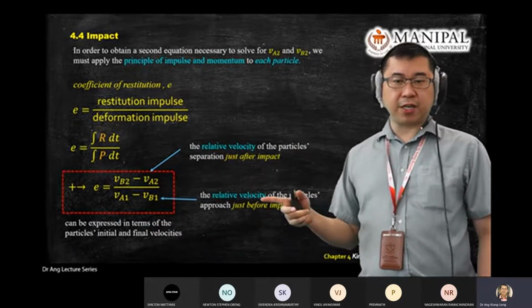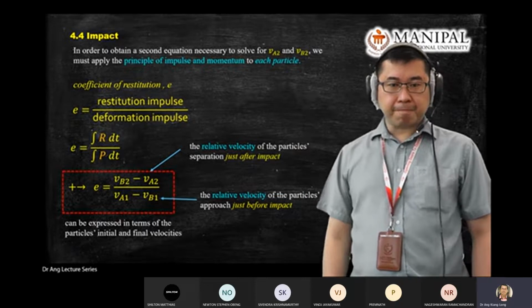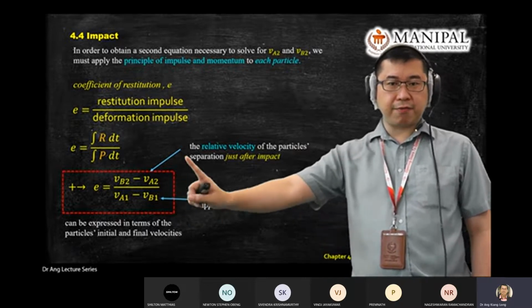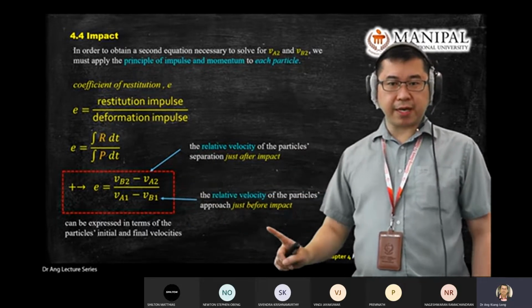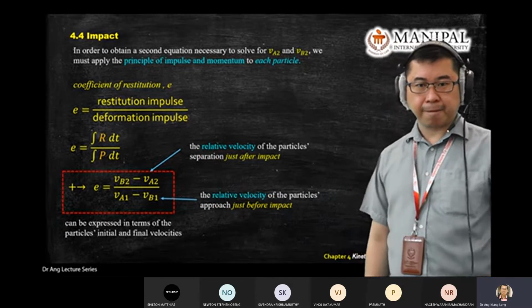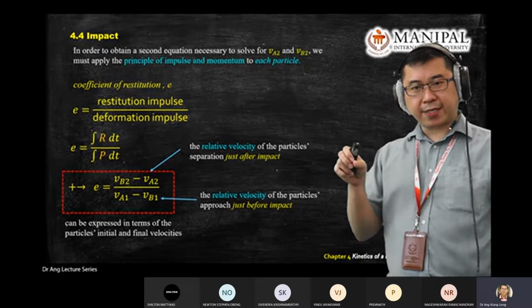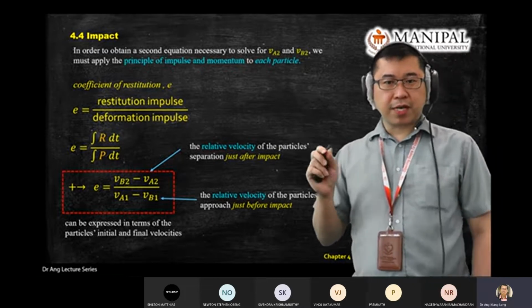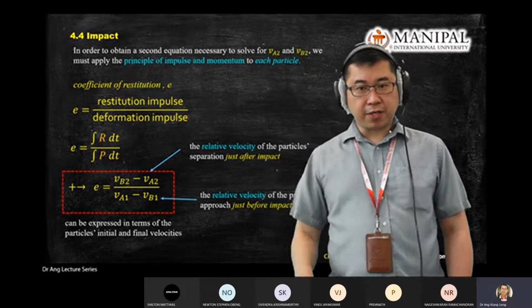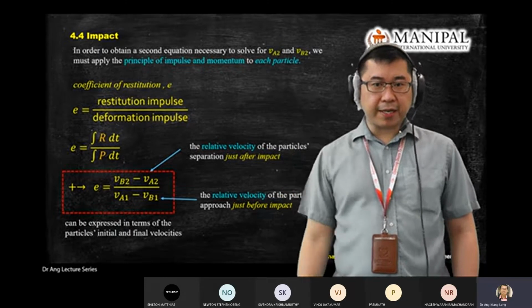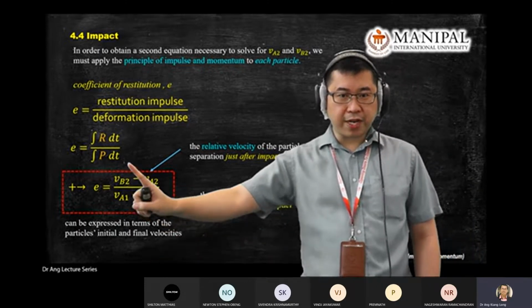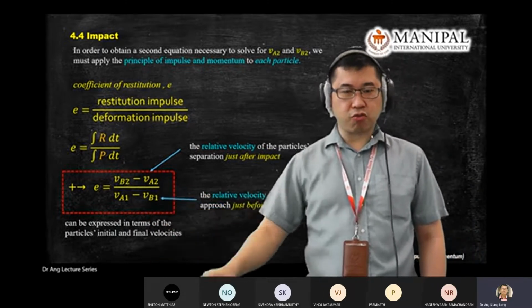So relative after divided by before impact. Sometimes in test question, they ask you calculate the relative velocity after impact, meaning you need to find VB2 minus VA2.